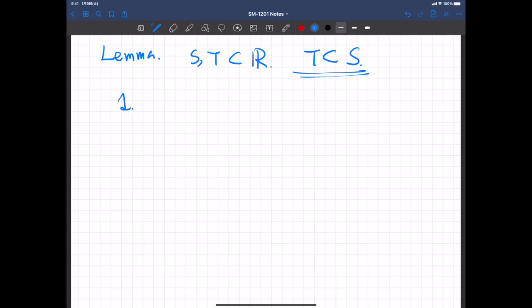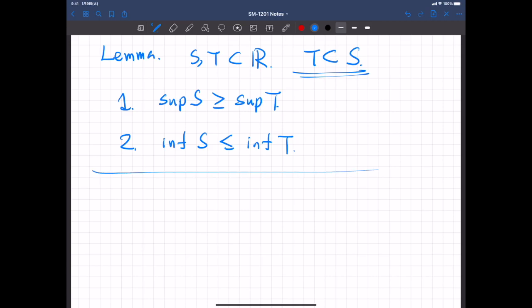Then we have, first, the supremum of S is greater than or equal to the supremum of T. And second, the infimum of S is less than or equal to the infimum of T. So let's prove this. Before proving, let me explain what this means by a simple example. Suppose, in the simplest case, S is an interval. Let's say S is an interval like this.